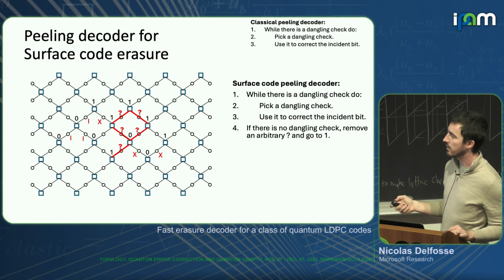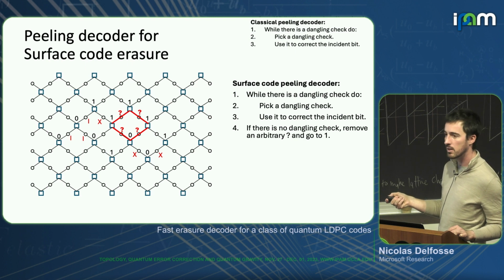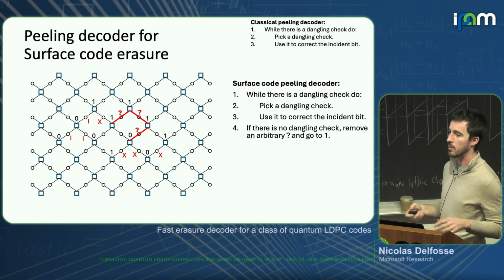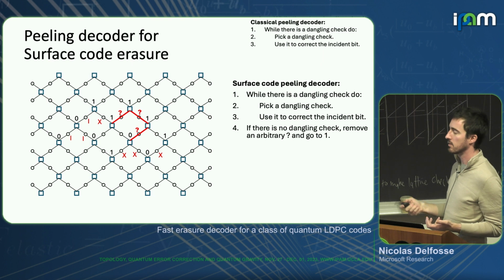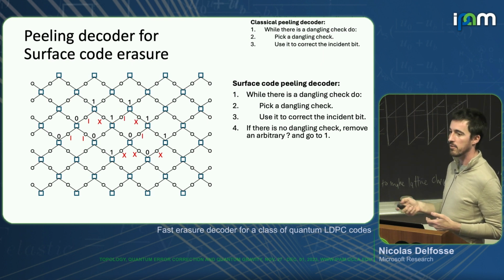So I'm going to remove everything I can, until, again, I'm stuck, and I reapply the step. So I select a random erasure, and I remove it, because this set of 4 qubits is a stabilizer of the code. It's an error that has no effect. So I can assume there is no error here. And by doing that, I'm never going to be stuck.